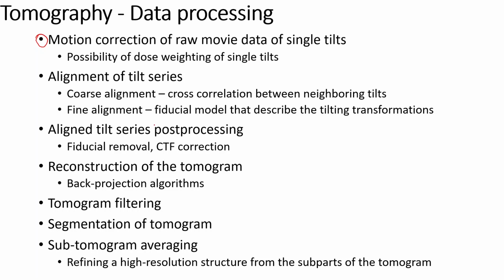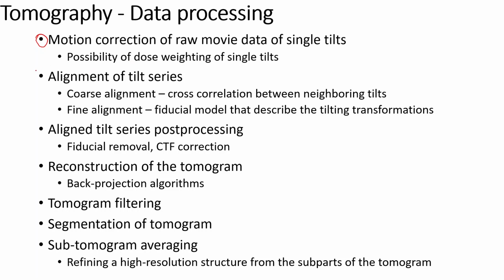You have only 4 fractions, as we talked about, so the variation in the amount of accumulated dose between the first and the last fraction is not that large. For the tilt series, in between the tilts, this dose variation is larger.